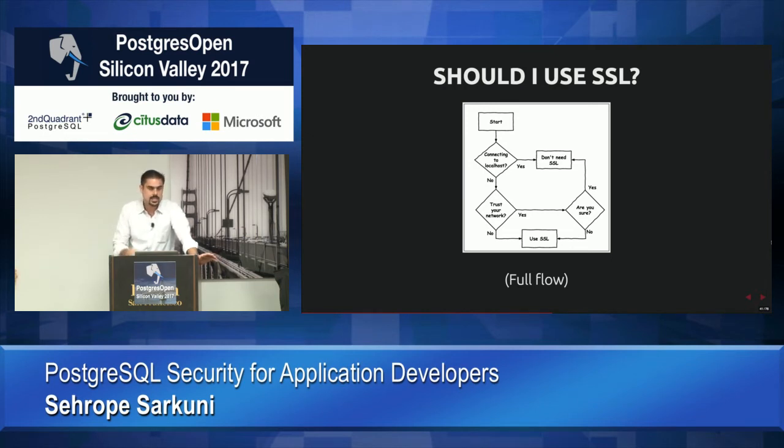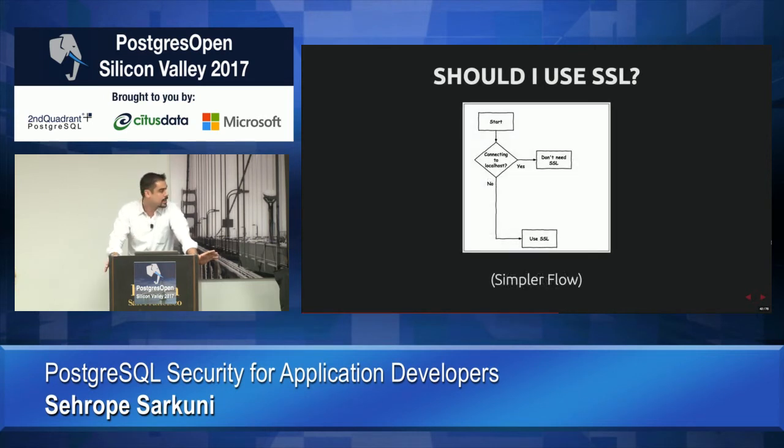That means, is the network secure from someone being able to listen in or actually change the wiring? Imagine someone rewiring it so that the packets going from your application go somewhere else instead of to the database you're connecting to. If you're not sure, or the answer is no because it's a public network, let's say we're connecting over the internet to a cloud service, you really should be using SSL.